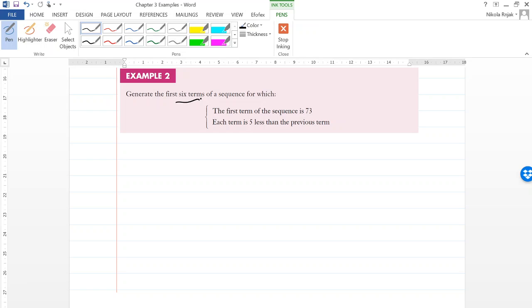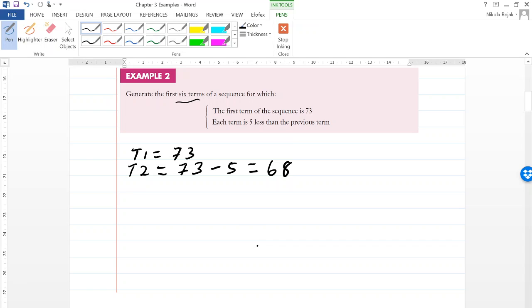So we know already that T1 is equal to 73. To get what T2 is, because we need the first 6 terms, we're just going to subtract 5 from 73. So term 2 is going to be equal to 73, the previous term, minus 5, which is equal to 68.